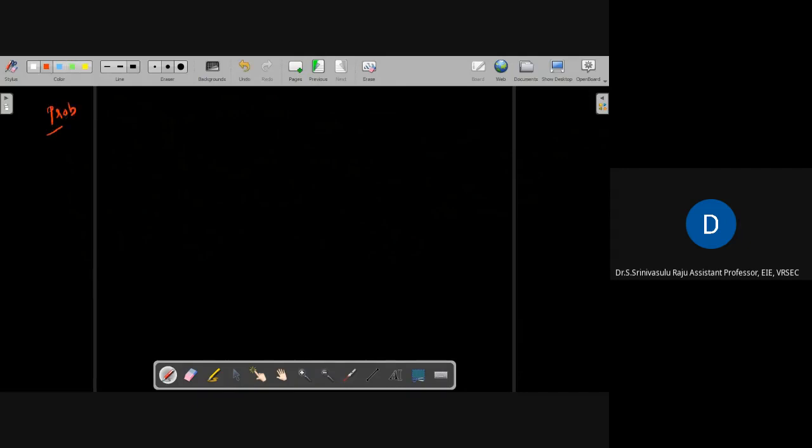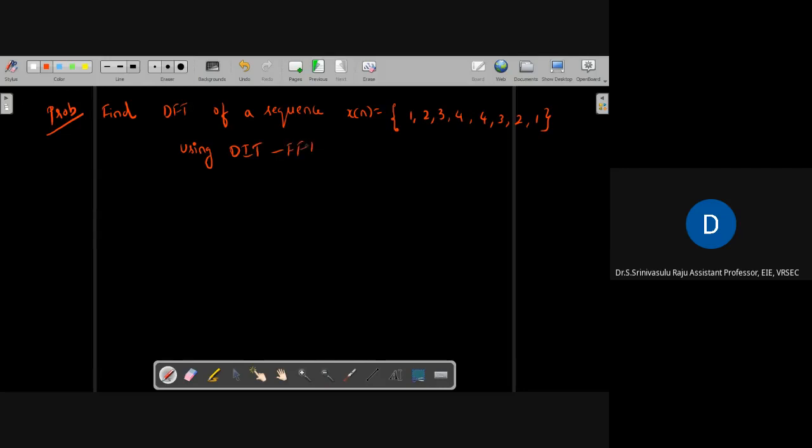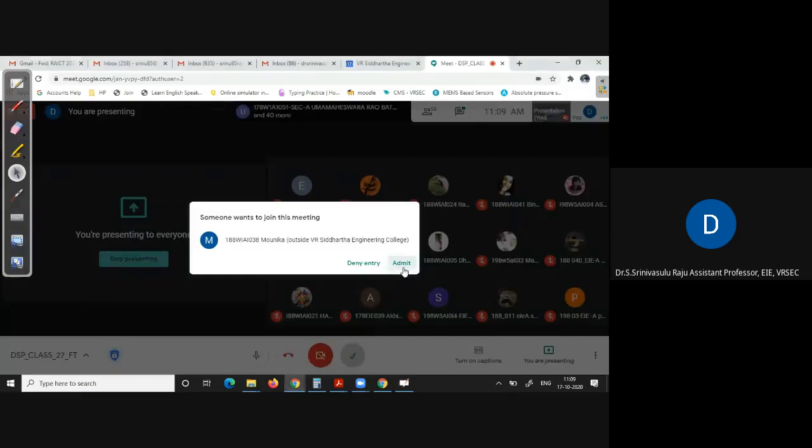The first problem: find the DFT of the sequence x of n equal to 1, 2, 3, 4, 4, 3, 2, 1 using the DIT FFT method. So this is the problem statement.